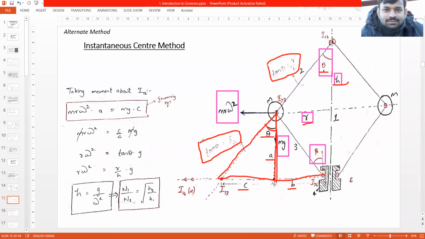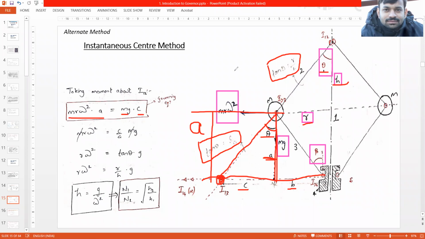Now taking moment about I13, which is at this point: m omega square r multiplied by a. This is distance a, the perpendicular distance of the line of action of m r omega square from the center of rotation I13. It will be equal to the force mg multiplied by c.